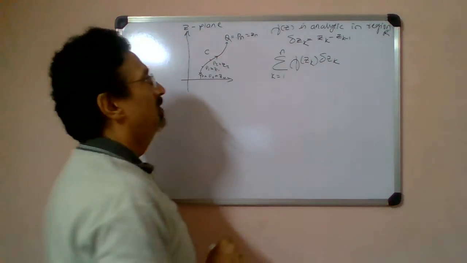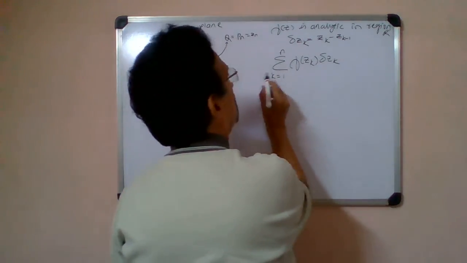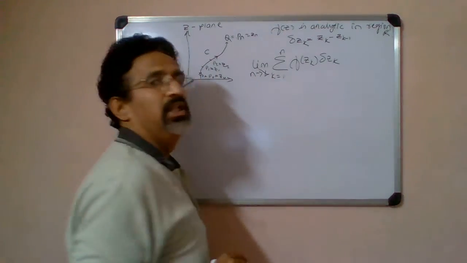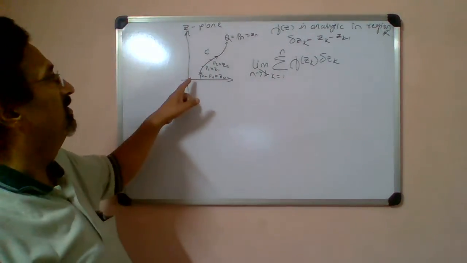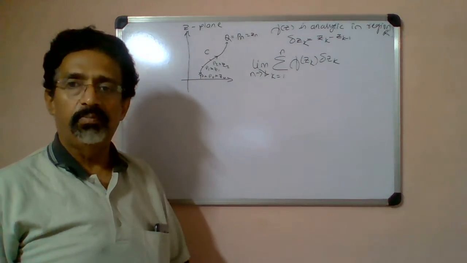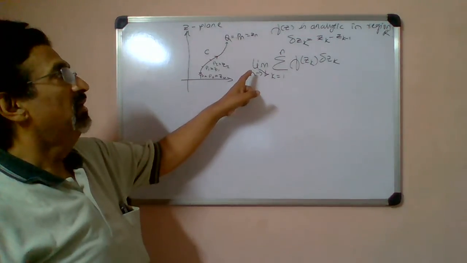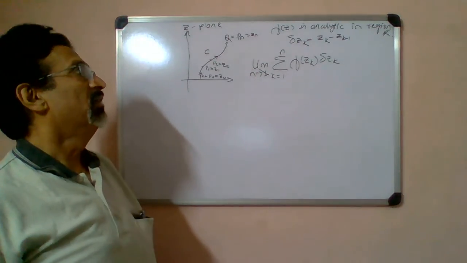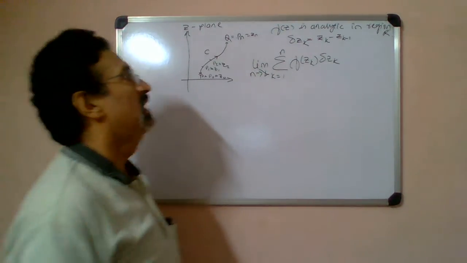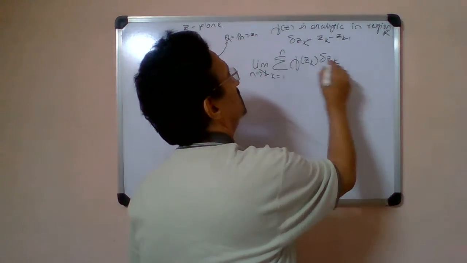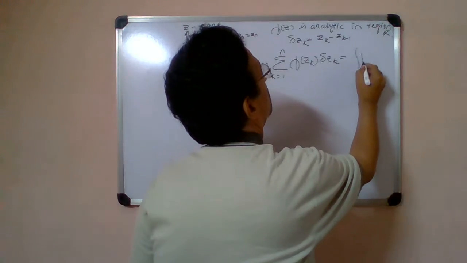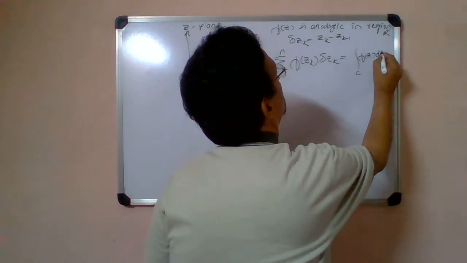Now I take the limit as n tends to infinity, that is, I divide this curve into more and more parts. If this limit exists, the limit as n tends to infinity of the summation over k from 1 to n of f(zk) delta zk, then I call that the integration over C of f(z) dz.